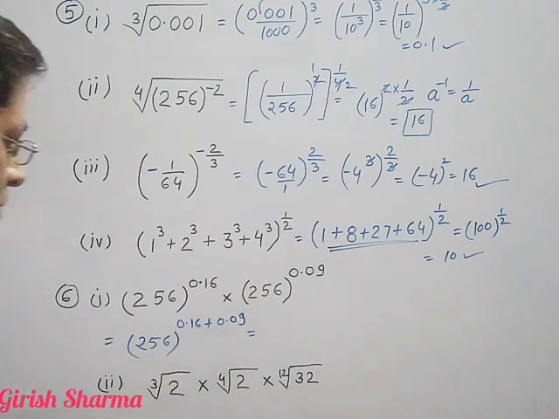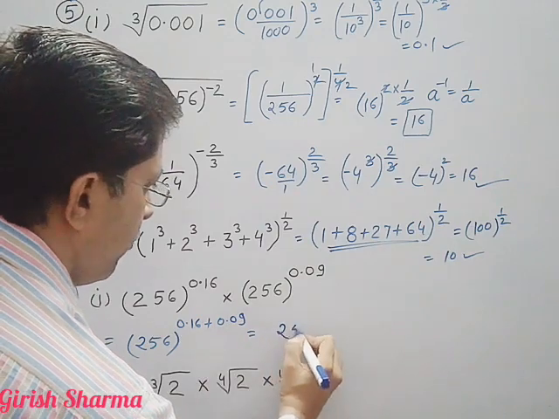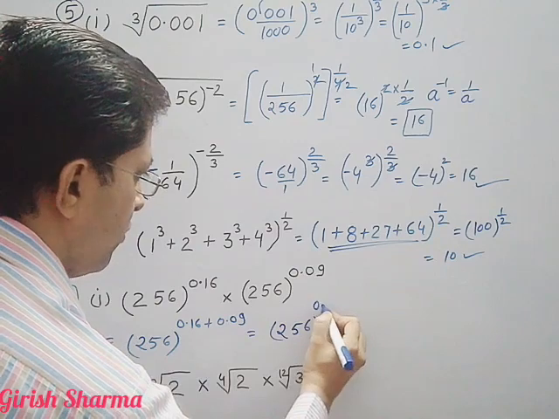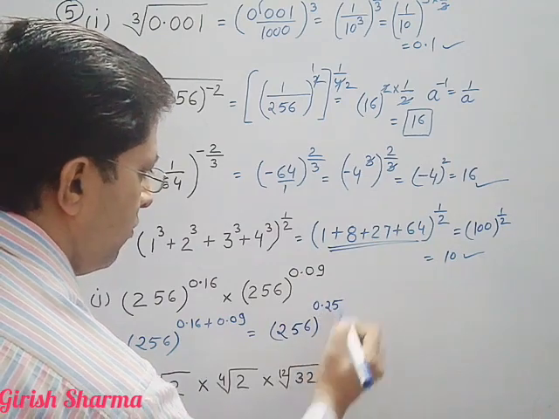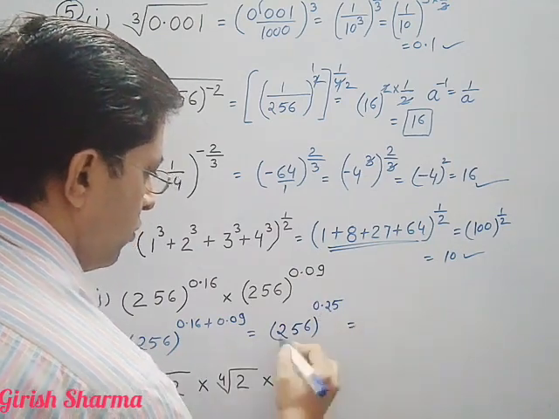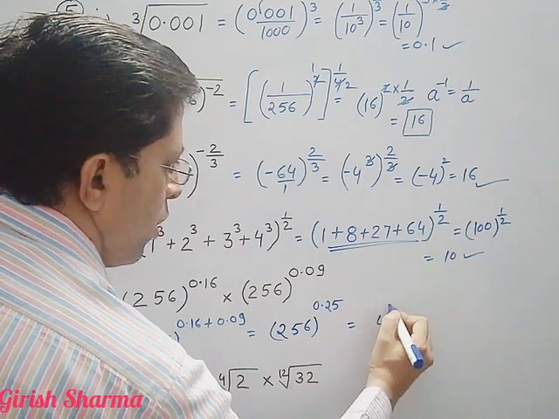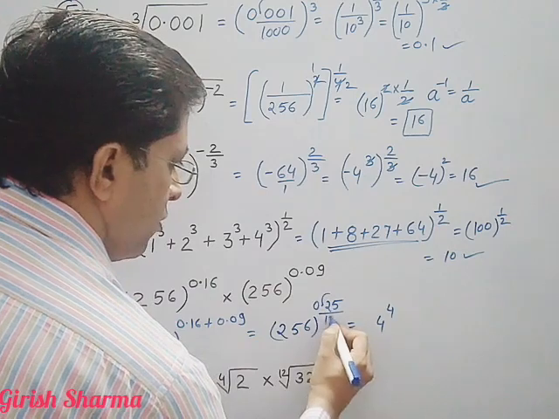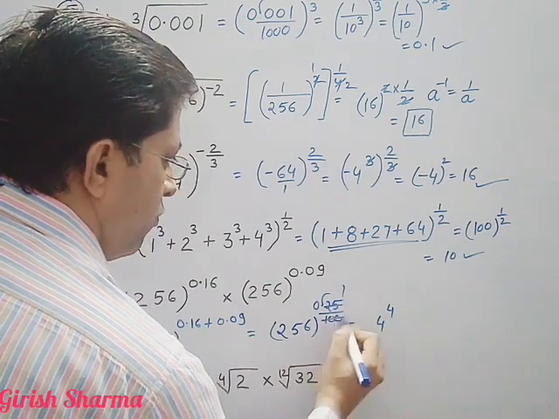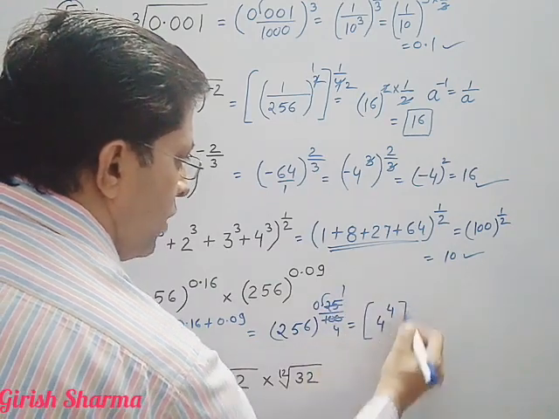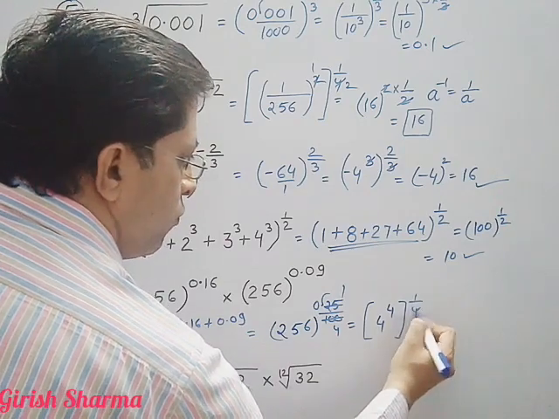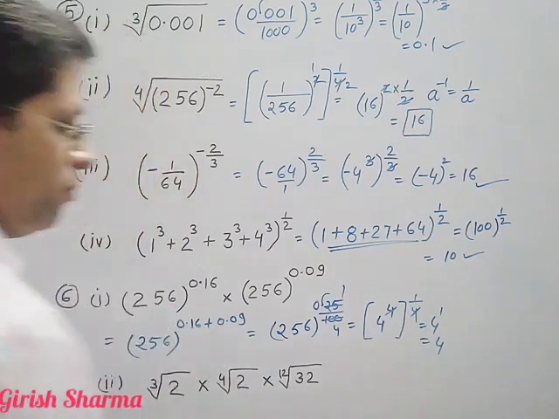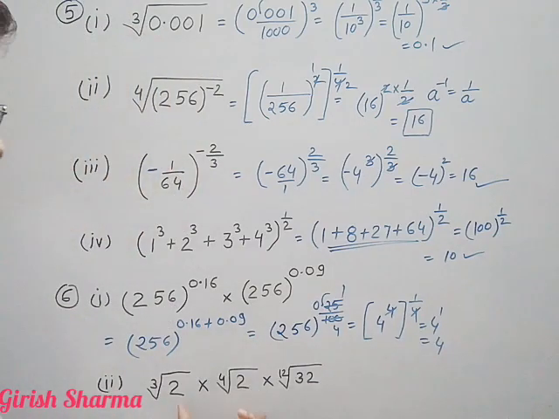If I add the powers, you see 256 power 0.16 plus 0.25. 256 means 4 power 4. And I am removing this here. 0.25 is 1 upon 4. So power is 1 upon 4. 4 to 4 cut, 4 power 1. This is 4.